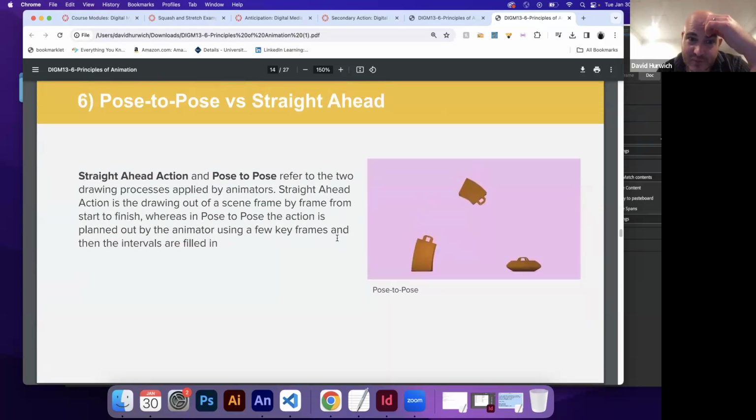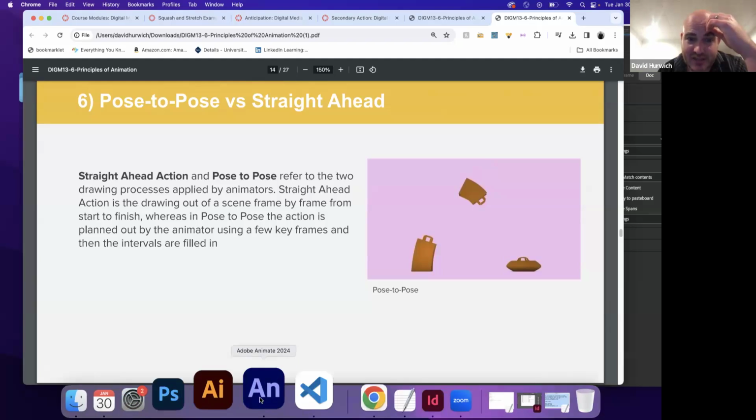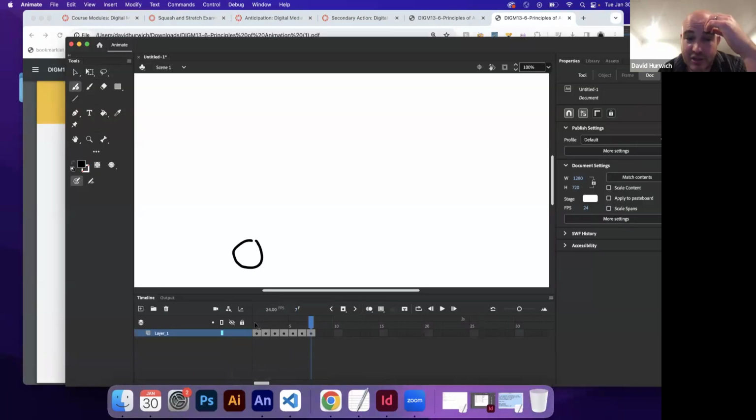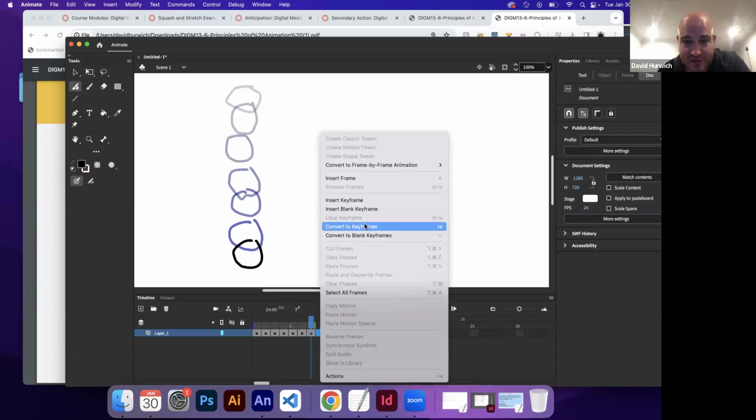Straight ahead versus pose to pose. What that means is that straight ahead means if you were going to animate something, you just literally keep going frame by frame, kind of like what I did here. You just draw all of the frames and you use the last frame that you did as a reference for your next frame.